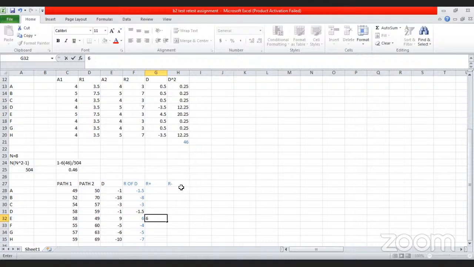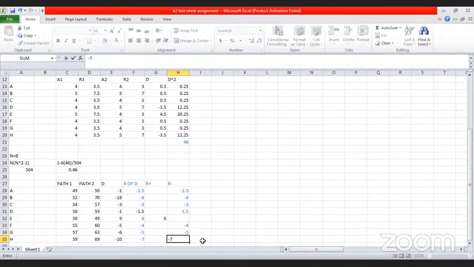Yeah. And now we have to calculate all the negative ranks. There are so many negative ranks. That is minus 1.5, minus 1.5, minus 8, minus 3, minus 1.5, minus 4, minus 5, minus 7.